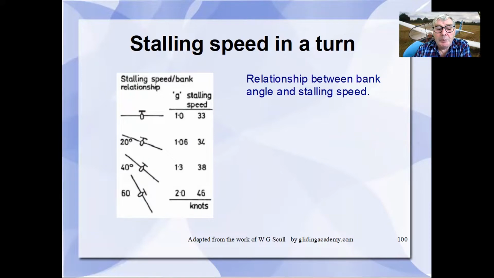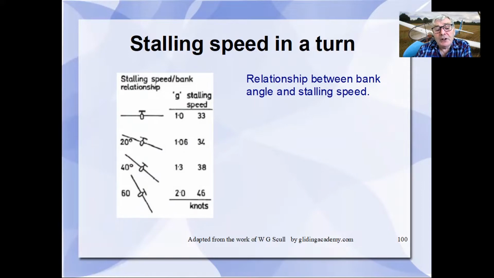If we bank the glider to 20 degrees of bank, we get a relatively small increase in G, 1.06, and the stalling speed goes up a small amount, not very much. If we bank to, let's say, 40 degrees of bank, the G has now gone up more significantly to 1.3, and the stalling speed is now 38 knots, so 5 knots greater than wings level.